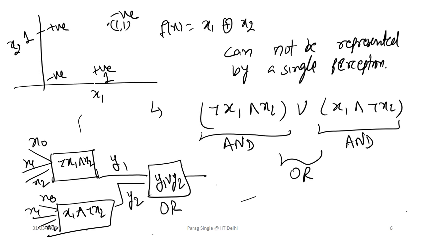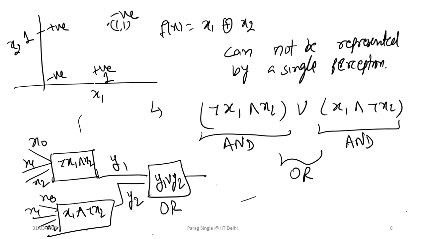So we'll have three perceptron units, and there are two layers essentially. So this gets x0, x1, x2, and this also gets x0, x1, and x2. This implements the function not of x1 and x2.